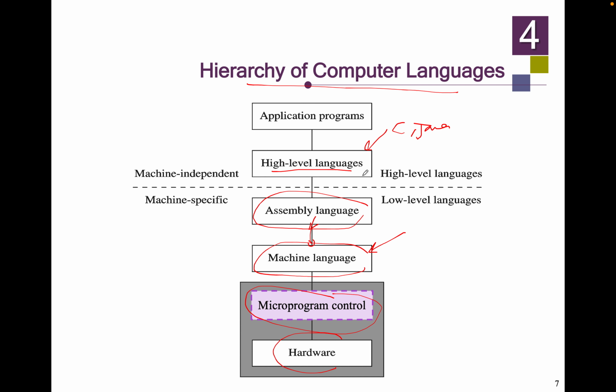Later on you will see the hierarchy, how you can convert your C programming or your Java to assembly language. Then from assembly language, you can interact with your computer, which uses machine language. So which one is machine independent, and which is machine specific? Everything up here is high level language, and lower is low level language.